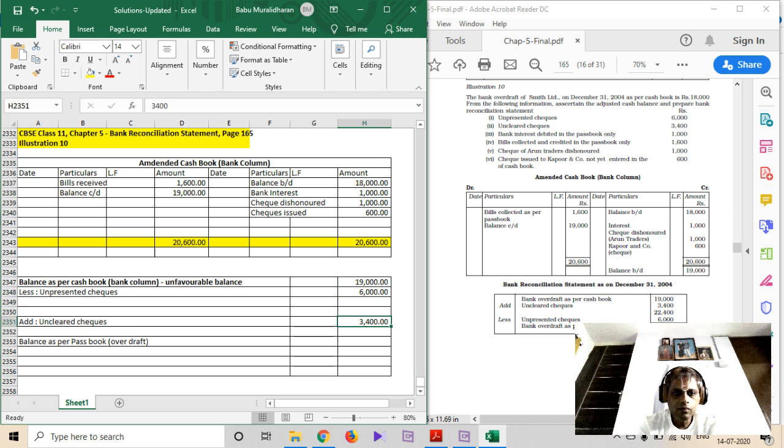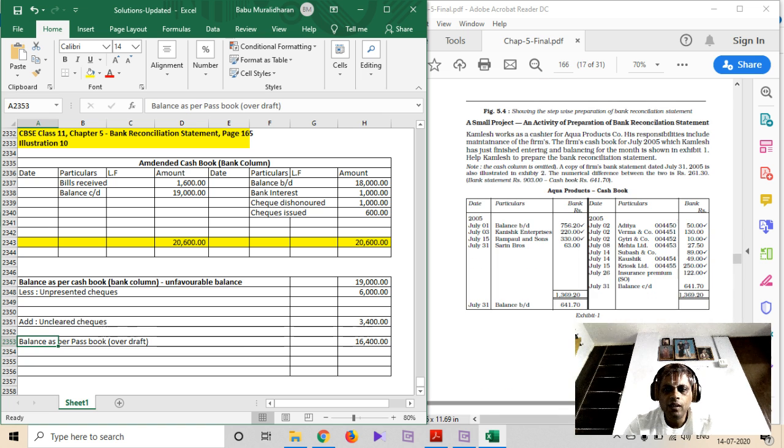The balance is equal to 19,000 minus 6,000 plus 3,400. So the balance as per passbook is 16,400. That's an overdraft balance, right? Bank overdraft as per passbook is equal to 16,400. Hope we are clear, right?